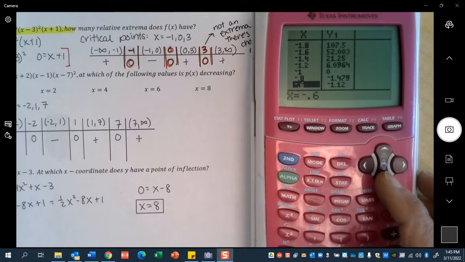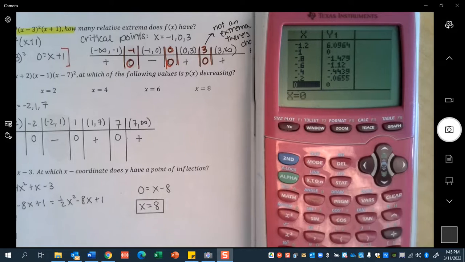These areas in between -1 and 0, those were negative. So if my derivative passes through that, my derivative value goes from being negative to being positive. That's where I'm going to have either a local min or a local max.